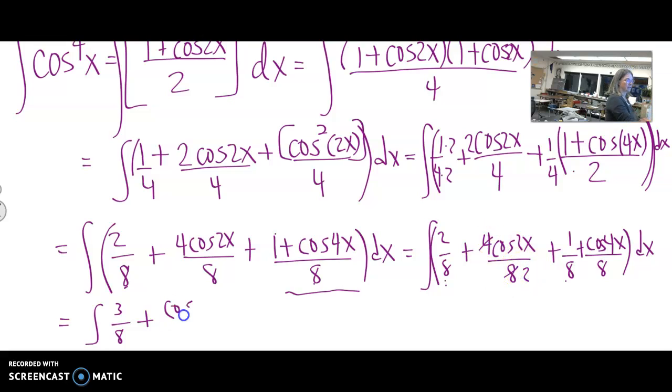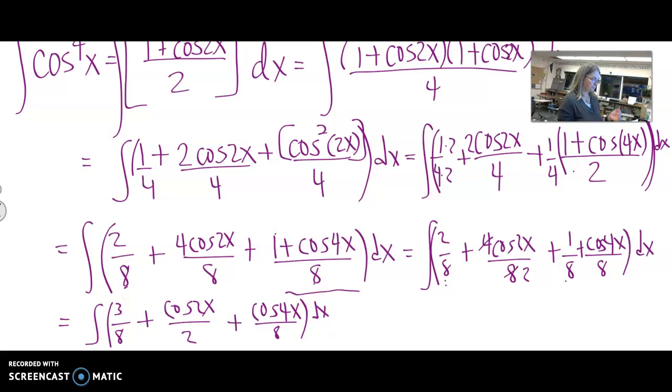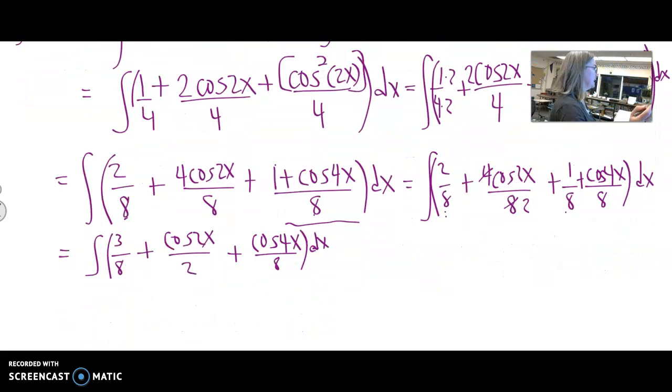So this is cosine of 2x over 2, and we can integrate that. And then we have plus cosine of 4x over 8. Okay, so then let's integrate each piece and split this up.